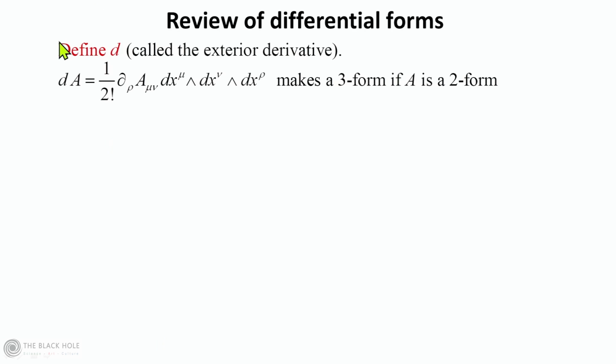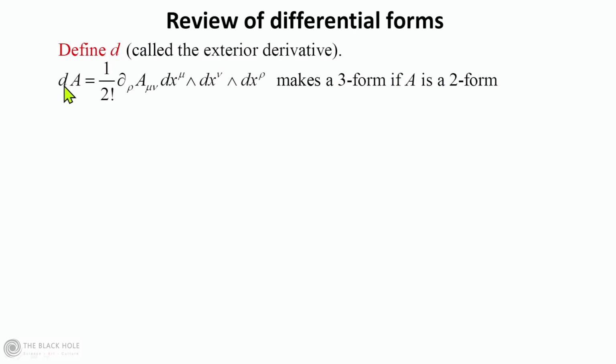I also mentioned the exterior derivative, and I hope that you've read up something since that time. So what an exterior derivative does is it raises the form, it takes a P form and makes it a P plus 1 form.